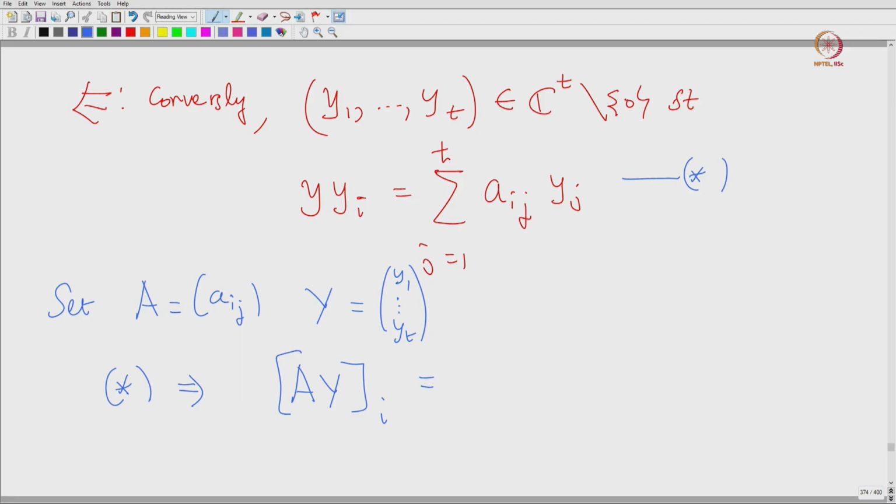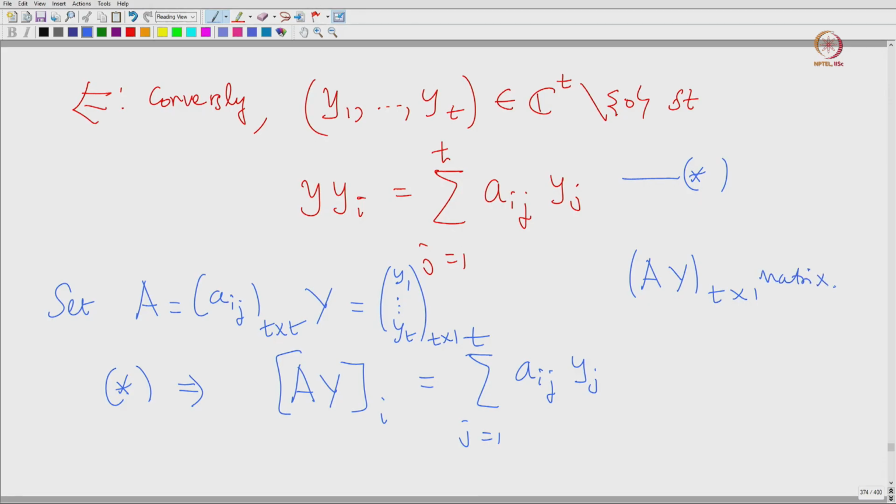Sorry, the ith entry of A Y: A is a t by t matrix and Y is a t by 1 matrix, so A Y is a t by 1 matrix.